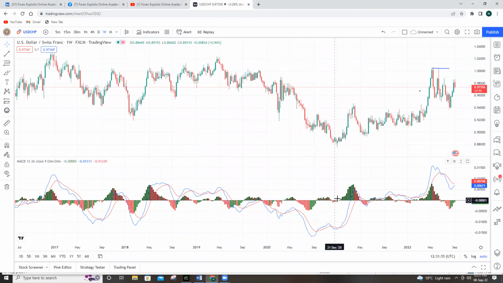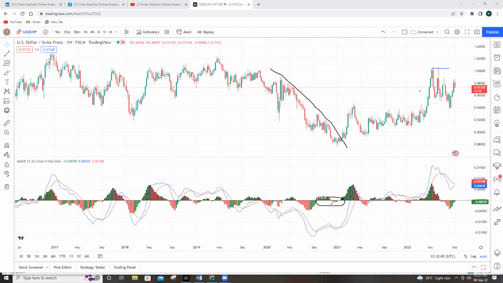Using your MACD, as the trend becomes weaker and weaker, you see that there is this sort of consolidation or zeroing at this point.